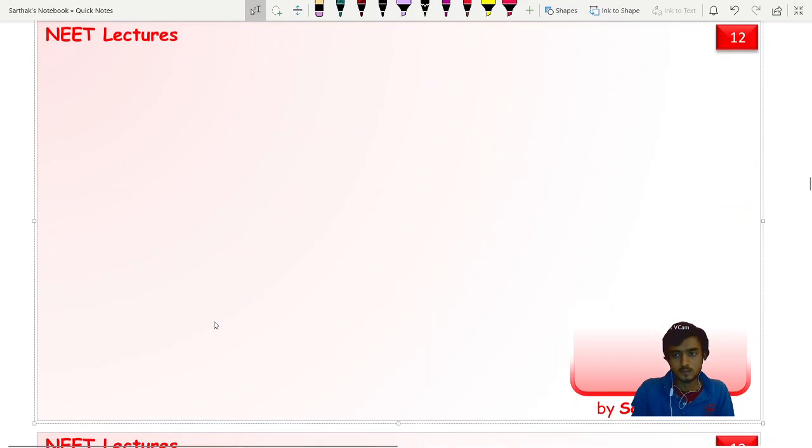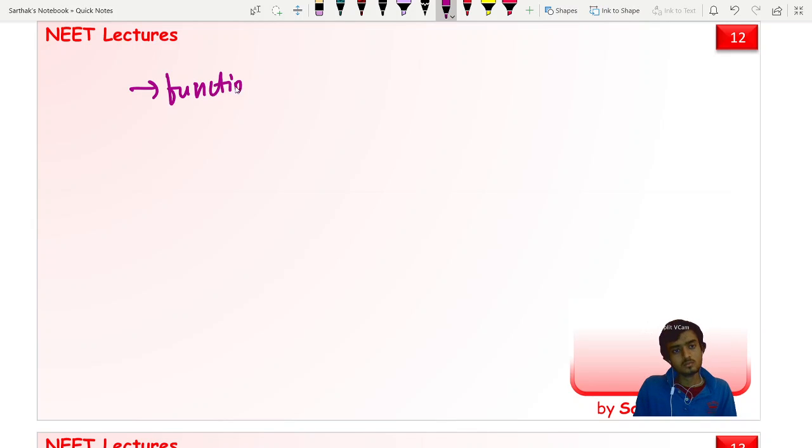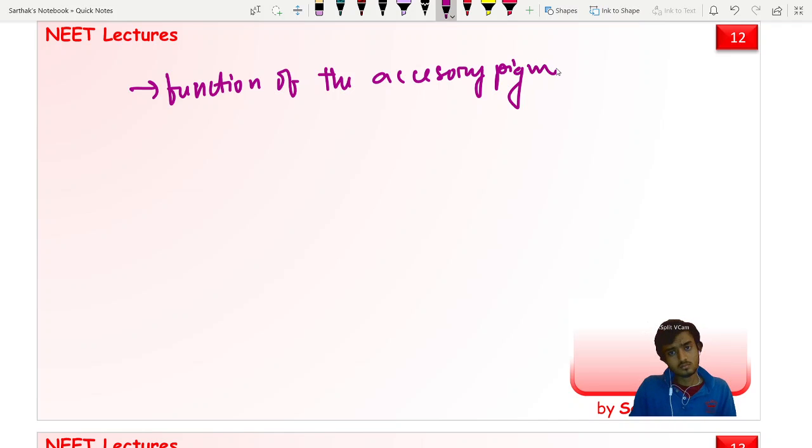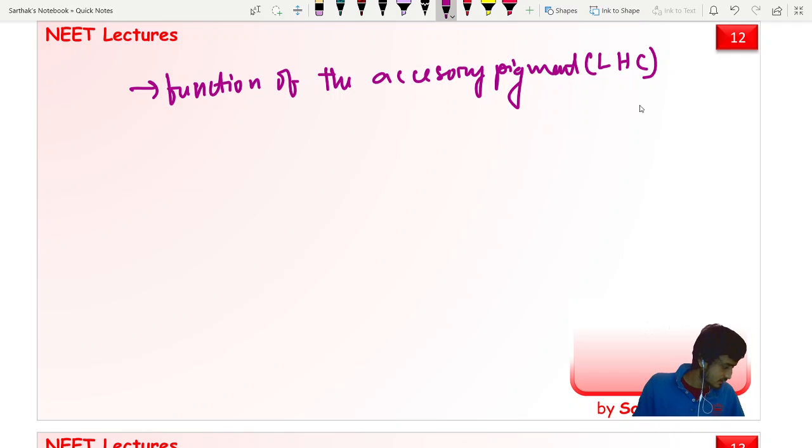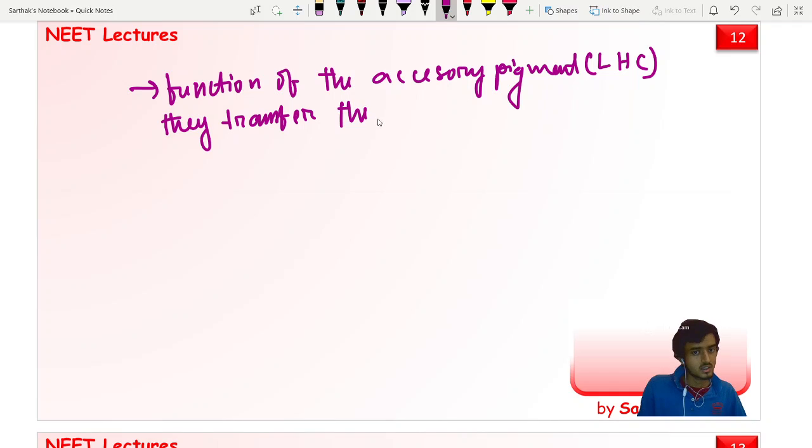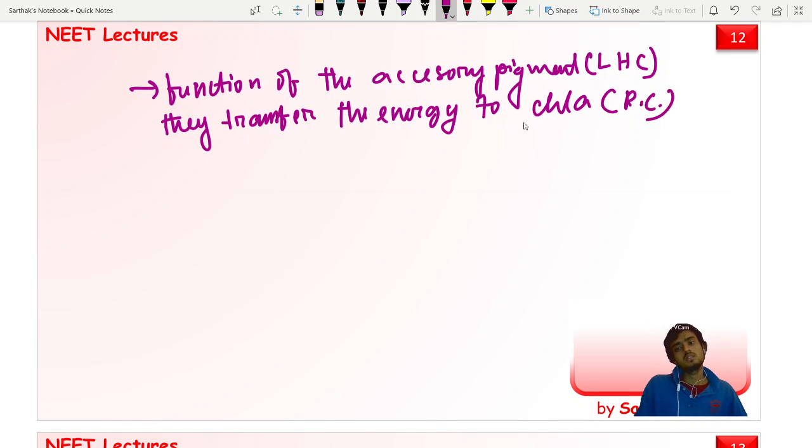The function of the accessory pigments, or light harvesting complex, is that they transfer the energy to chlorophyll A, which is the reaction center.